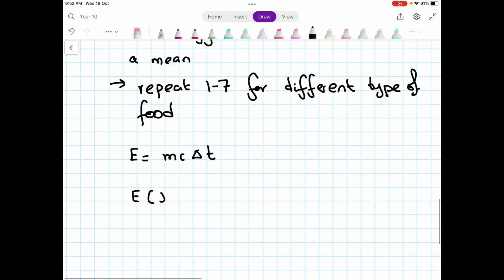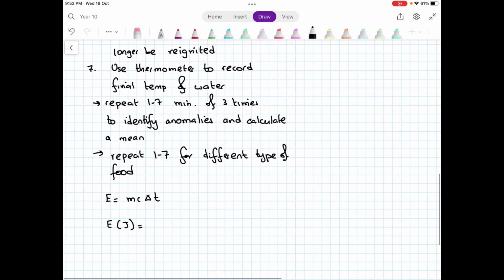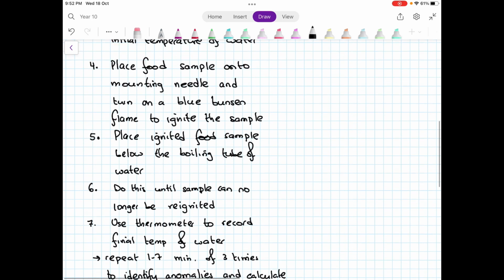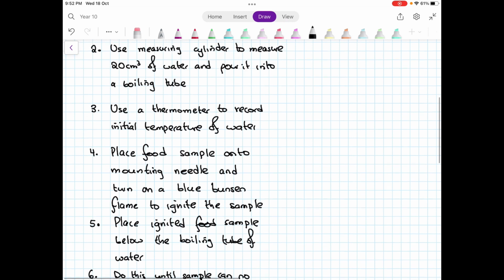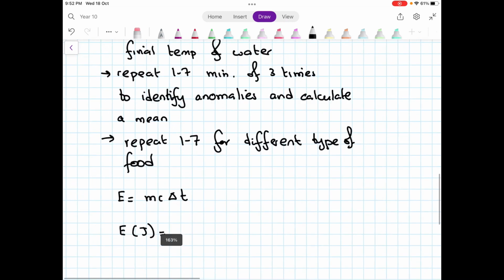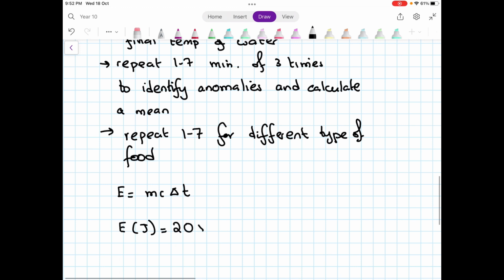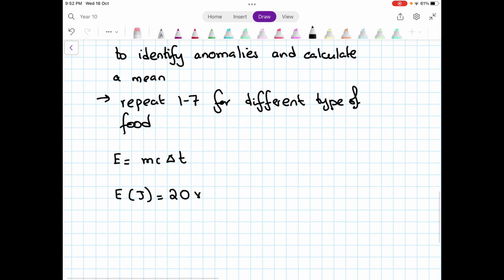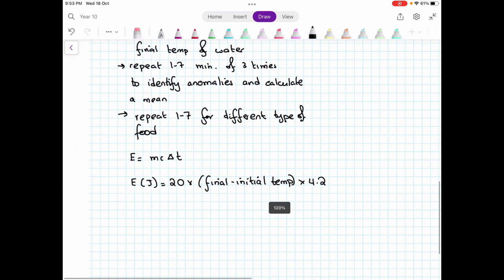So energy in joules would be the mass of water, which is 20, times the change in temperature, which is our final minus initial temperature, times 4.2, which is the specific heat capacity of water.